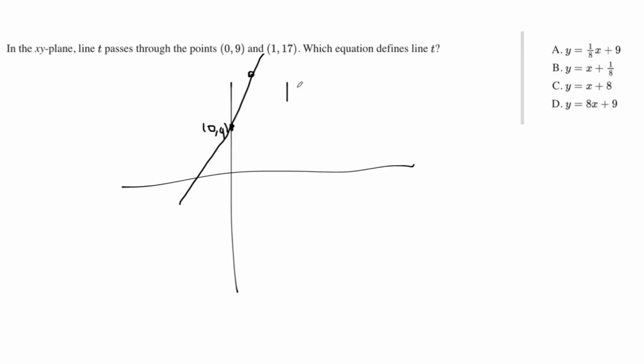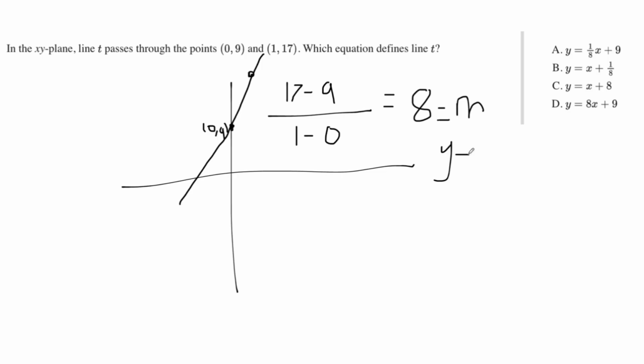So 17 minus 9 is going to be your rise of that line, and your run is going to be the x value here minus the x value over here, which is 1 minus 0. Most of us can figure out that that's 8. So 8 is going to be your slope in the equation y equals mx plus b. That's the equation for a line.